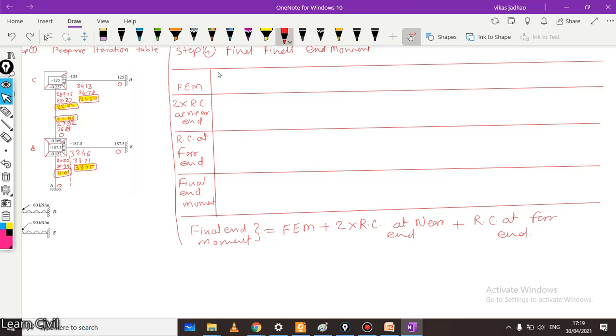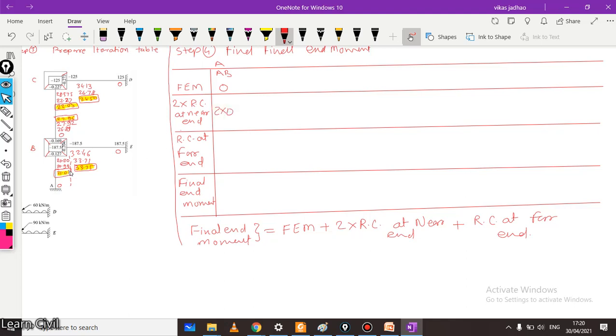I'll write down here joints. At joint A I have member AB. Fixed end moment for member AB is 0, so write down here 0. 2 into rotation contribution at near end, here the rotation contribution is 0, so 2 into 0.